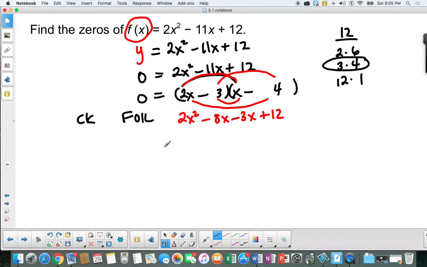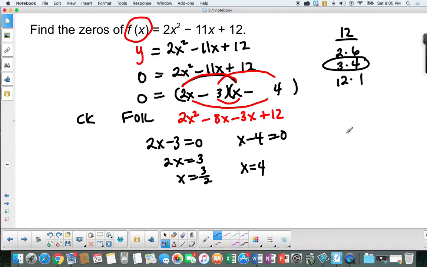So I know I have factored it correctly, so I'm going to write 2x minus 3 equal to 0. This is the zero product property. And I'm going to get 2x is equal to 3, so x is equal to 3 halves, and x is equal to 4. So this is a parabola where one of the zeros is 3 halves and the other one is 4.